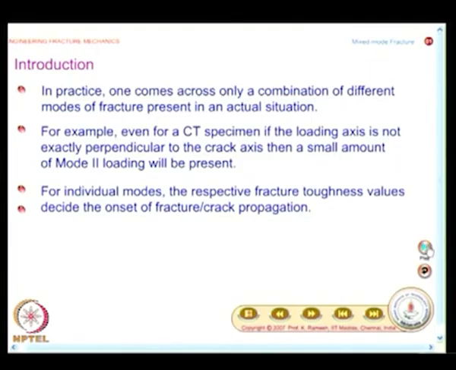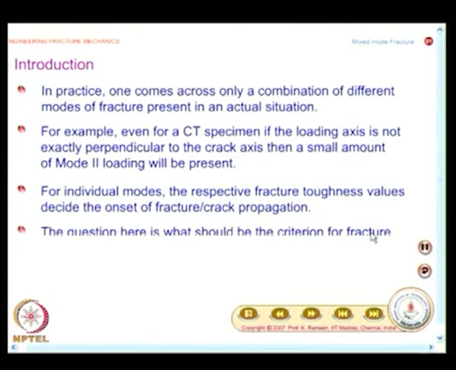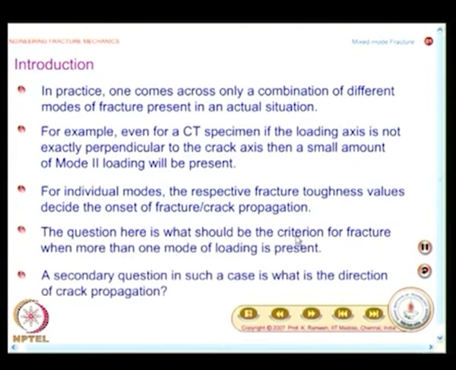But the question is, if I have a combined loading, what should be the criterion for fracture when more than one mode of loading is present? So, this is the first question. The second question is, in which direction the crack would propagate? That is also equally important.